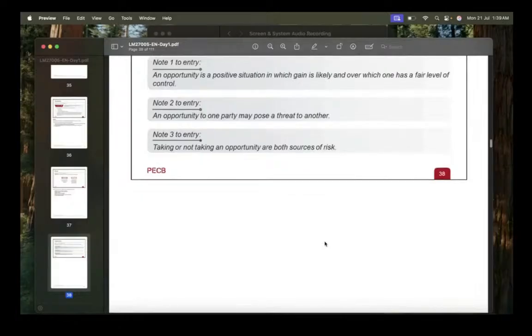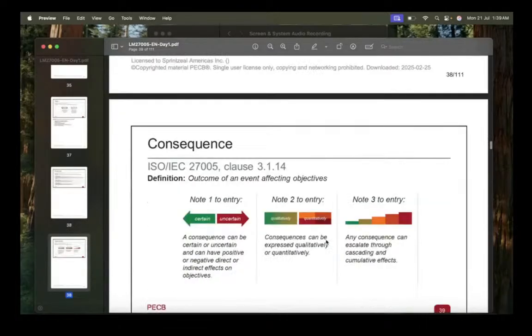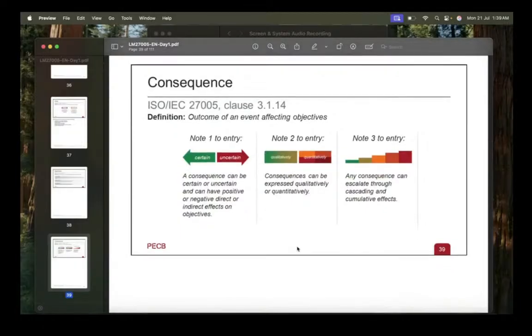This will be helpful in further readings. Then we read about events, we understood opportunities, and the third thing that we are going to understand is consequence.